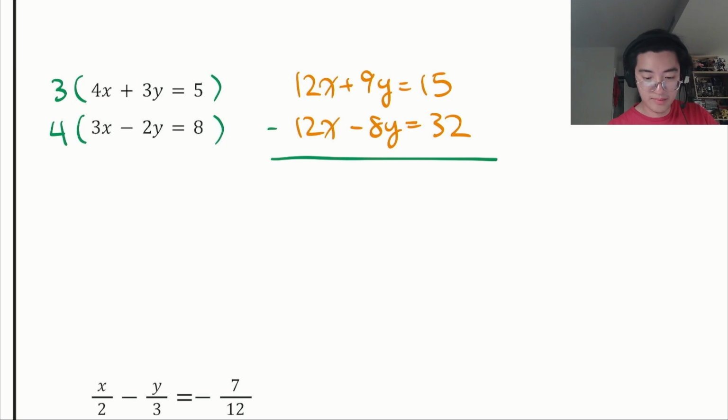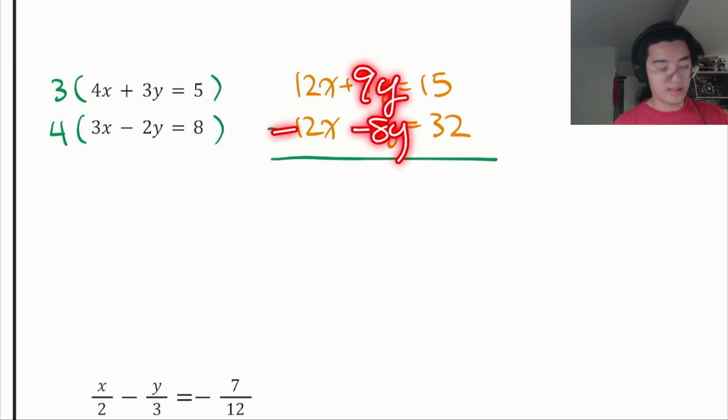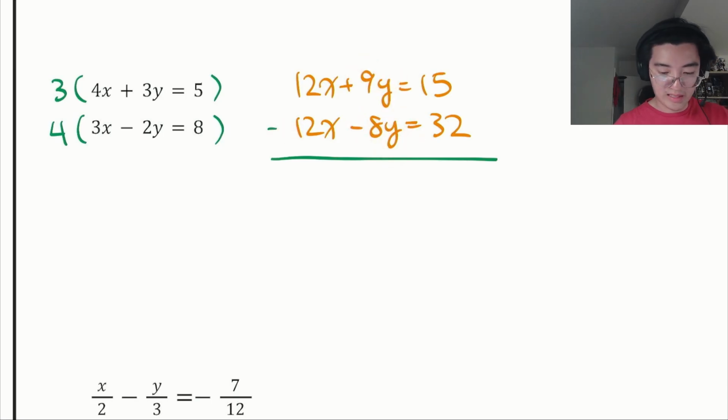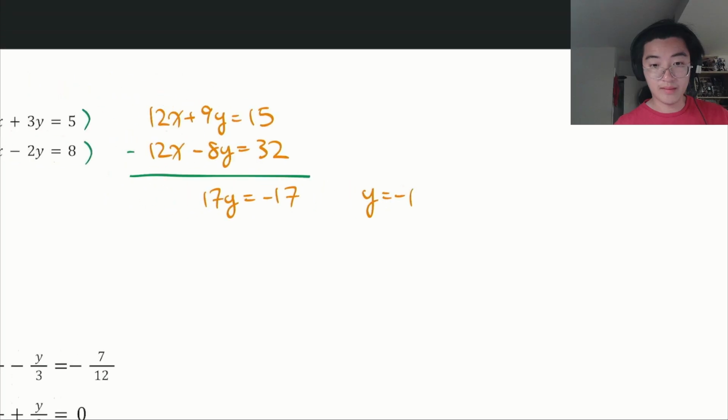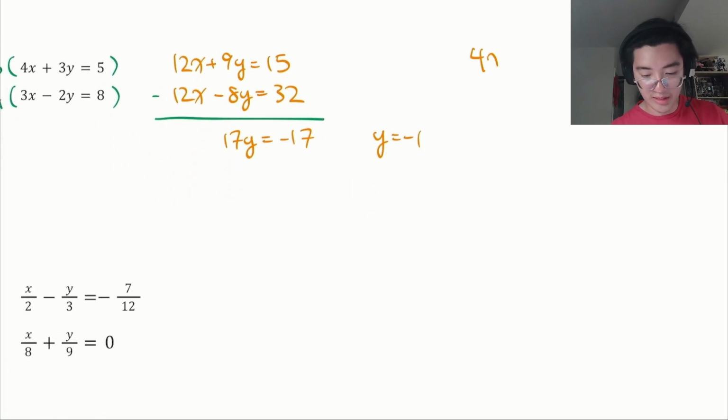So we have to multiply it in order to cancel it out, no matter what. Right here, 9y minus negative 8y. This is 9y plus 8y, 17y. 15 minus 32, negative 17. Oh, look at that, convenient math. So y is negative 1. We can plug into our original equation.